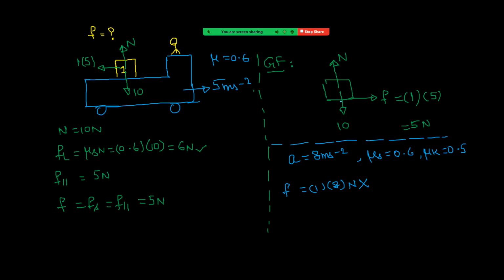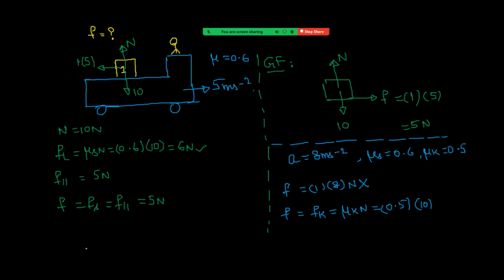Block slips. Since a block is slipping, friction will be now kinetic. So frictional force is a kinetic. That means the value will be mu k into normal reaction. That is mu k value 0.5. Normal reaction is 10. Okay. Or do one thing.